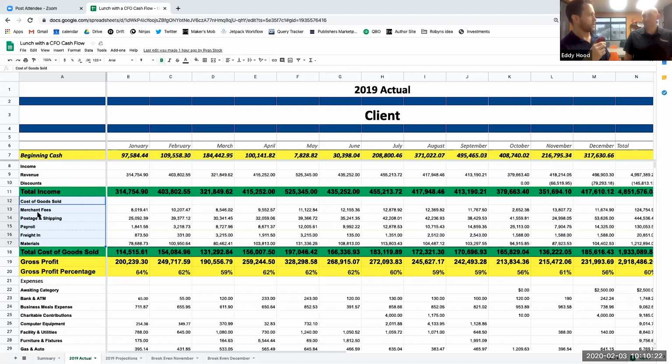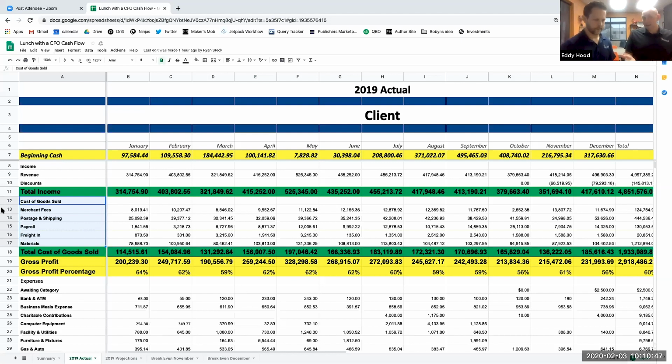Yep. But maybe your marketing or your meals and entertainment that you took a client out to didn't go into this, right? Or your insurance or your rent for your building didn't go into this, right? Yeah. And so what we're doing is we're looking for those costs that are directly related to making the thing you sell. Right. Because there are lots of costs of running a business that actually aren't directly related to what it is you're actually selling.